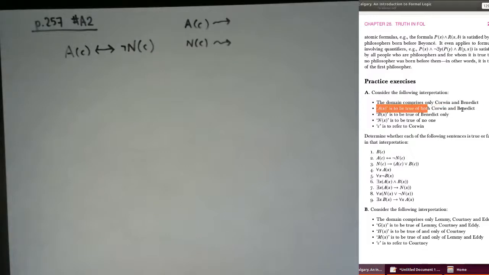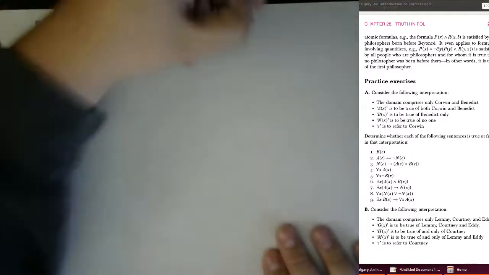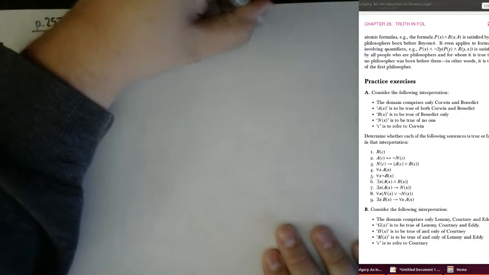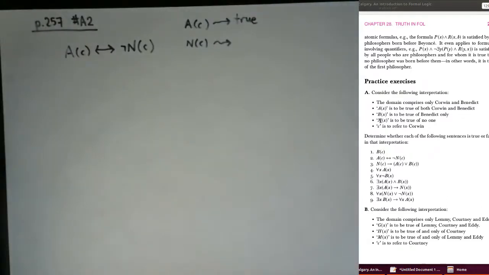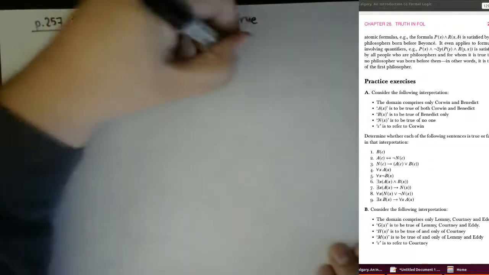Now this thing is saying A of X is true of both Corin and Benedict, so it's true of everything in the domain. So this is true. N of C is true of no object of the domain, so it's actually false.